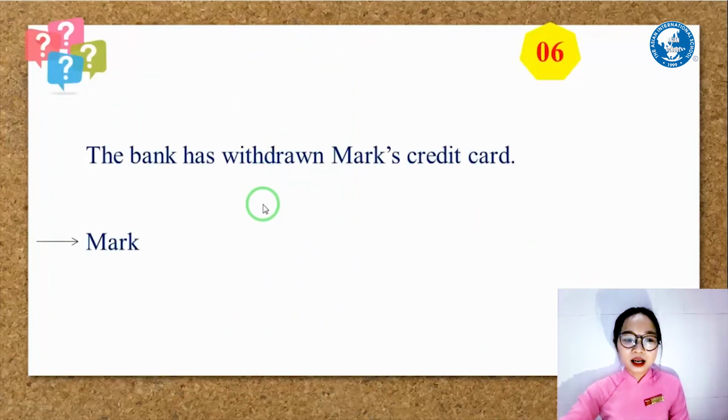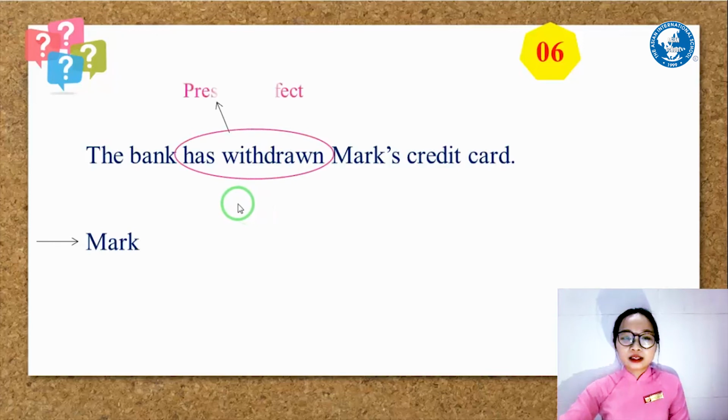The bank has withdrawn Mark's credit card. Okay, so the tense is present perfect. And the action here is withdrawn. Now we need to use the passive structure of have, which is have, an object, and action verb in past participle form.